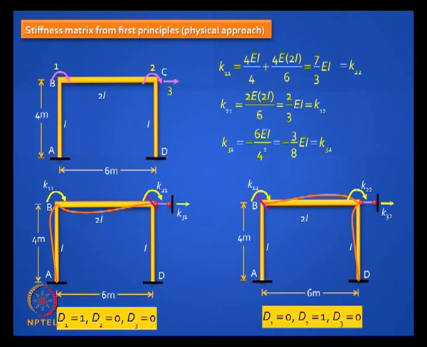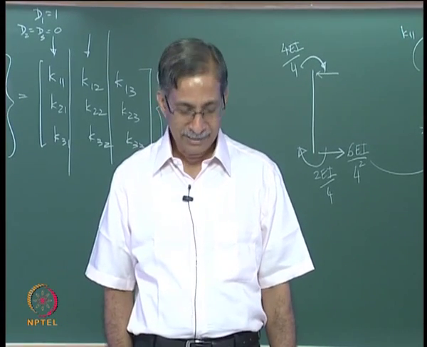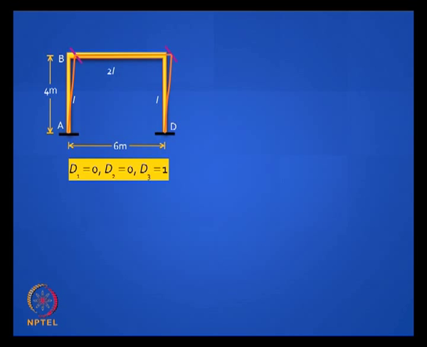Last column. Can you draw the sketch? Infinite rigidity of the beam, it's like a rigid beam. This is how it's going to move. Point of contraflexure will be at the mid height of every column. So what will it look like? Can you calculate K13 and K23?